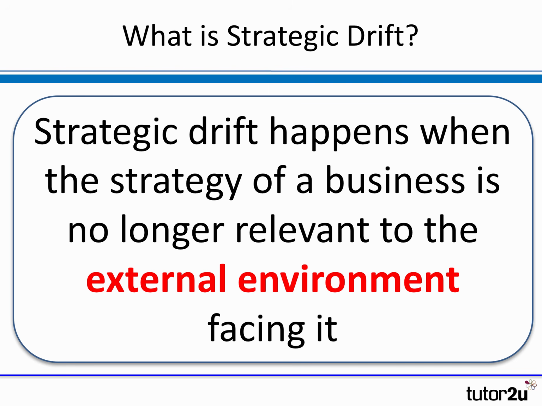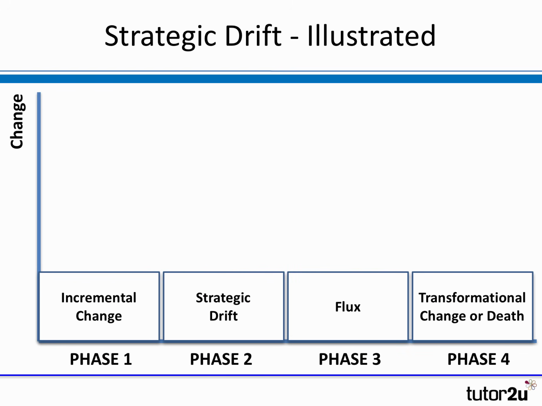And as a consequence, it suddenly finds that it's lost its way. Now, this can be illustrated, but don't forget this is purely conceptual. There isn't really any kind of data or evidence that might be able to help us map a business that suffers from strategic drift, but it's essentially around trying to explain the process that takes place. How does a business suddenly find itself having drifted off course?